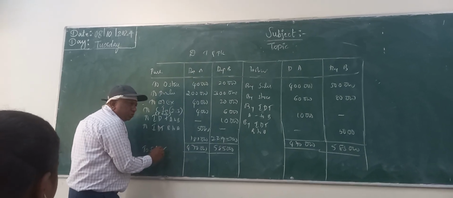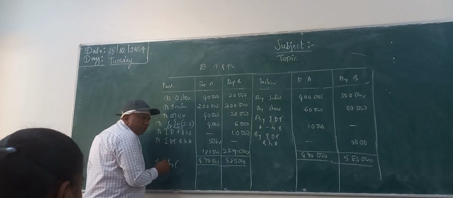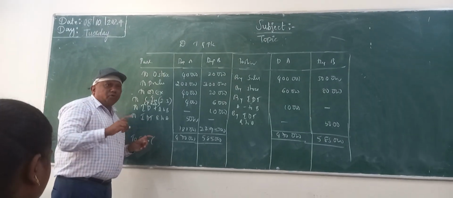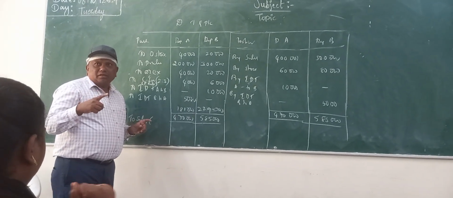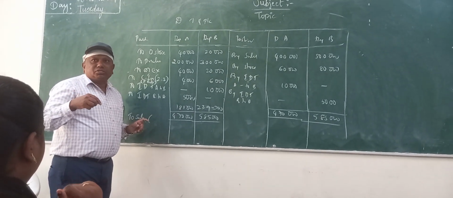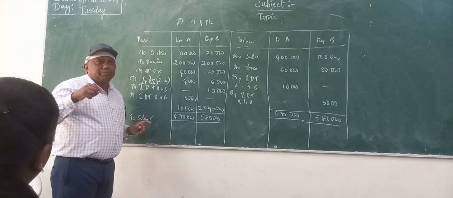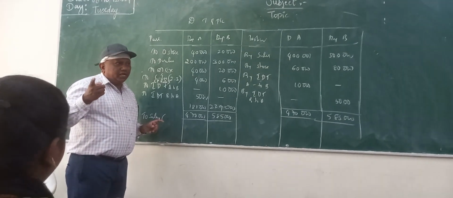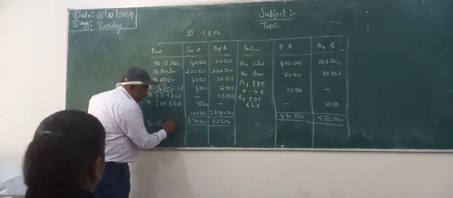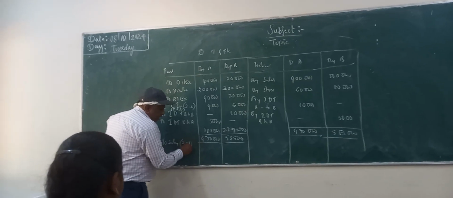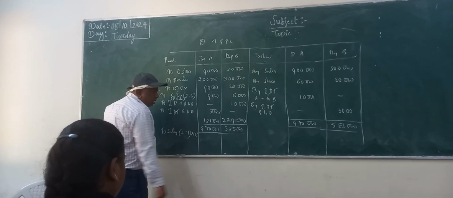So 4 is to 2 means what? Simplification, 2 is to 1, right? 4 is to 6 is also correct. I am telling simply, 2 is to 1. If you want to write 4 is to 2 also, I will write 2 is to 1. Number of employees.